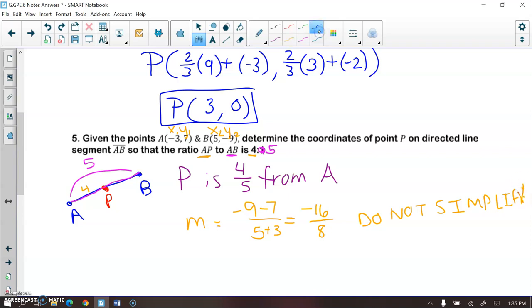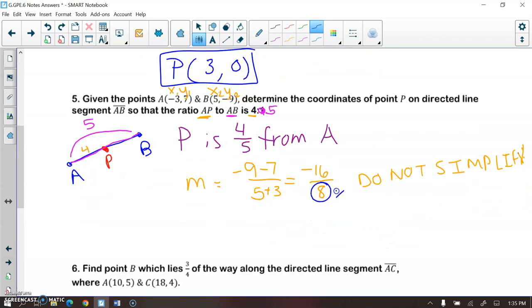Now, the denominator represents your run, which represents the length from your x values. And then your -16 is your rise, which would represent the distance away from your y values. So now, to find point P, I'm going to take my ratio of 4/5. I'm going to multiply it by my run, which is 8.